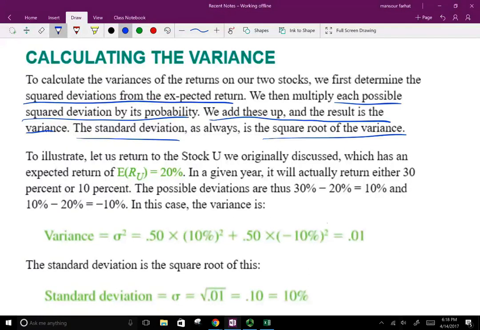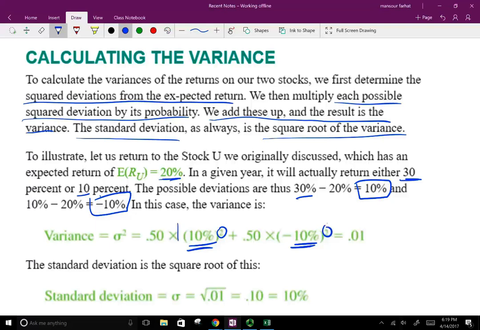Let us return to the stock U we originally discussed, which has an expected return of 20%. In any given year, it will actually return either 30% or 10%. So the possible deviations: 30 minus 20 equals 10, and 10 minus 20 equals -10. So the deviations are 10 and -10. What do we do with the deviation? We square the deviation.